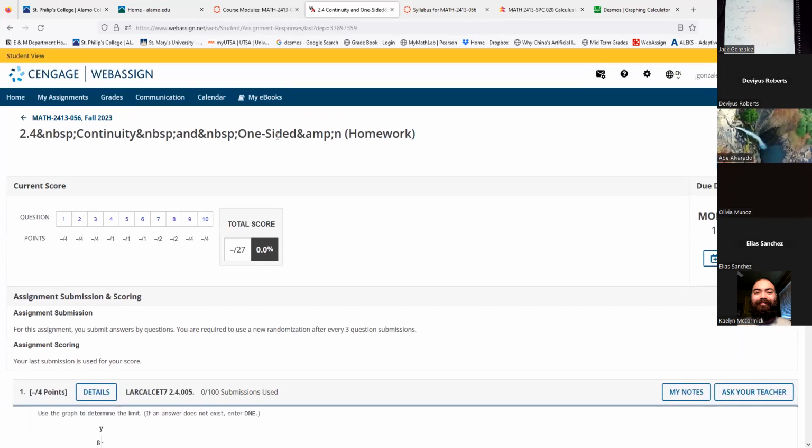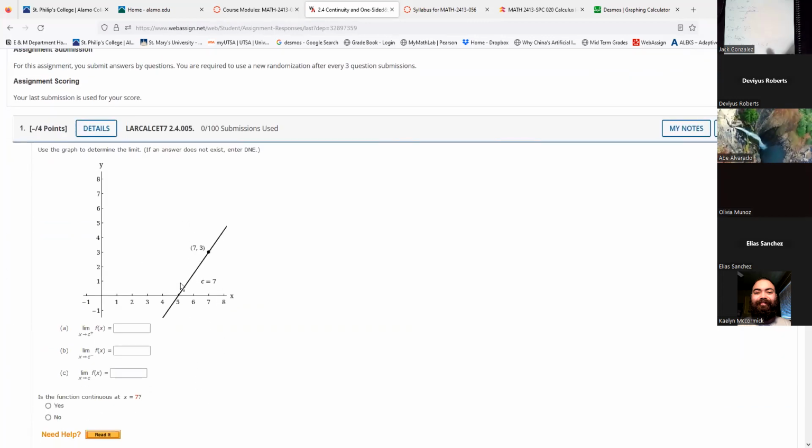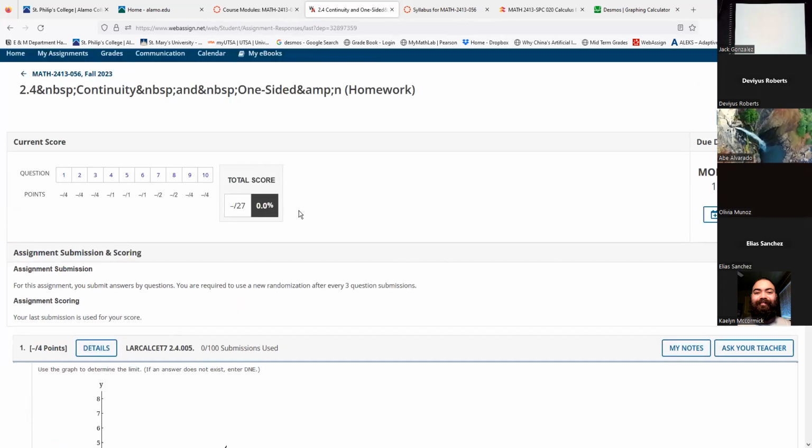2.4 is when they started doing the one-sided limits. So basically, let me write it down first. In 2.4, they talk about continuity and one-sided limits.